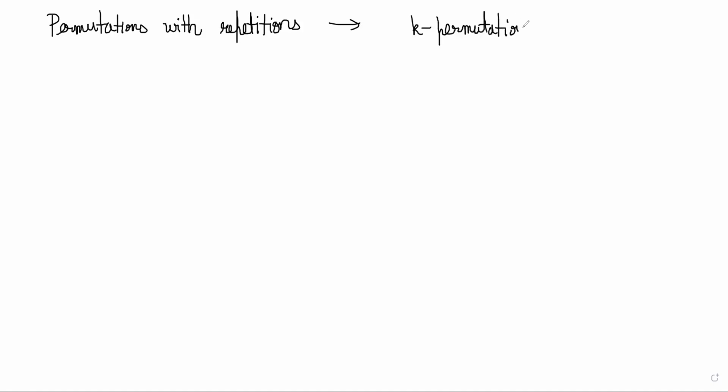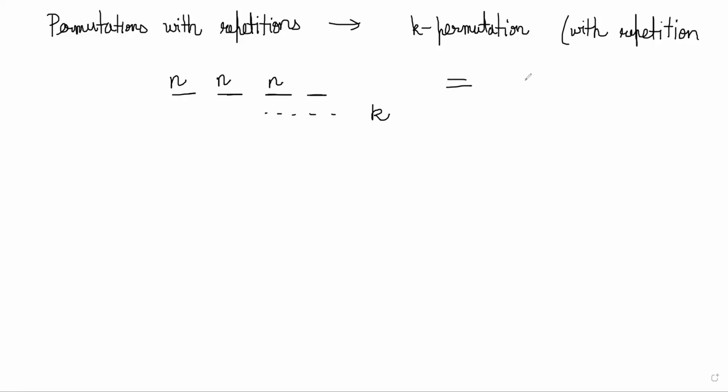We have to select and arrange k things out of n different things, but with repetition. So this is pretty easy because we have to fill up and arrange k spots. Let's say these are k spots. The first spot can be taken in n ways, and now repetition is allowed, so the second spot also can be taken in n ways, and so on for all the spots. So this will simply be n power k, right?